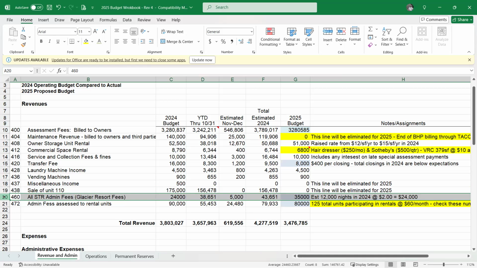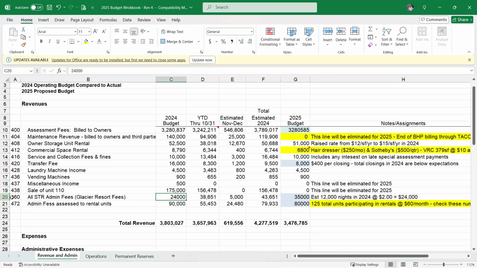And who knows what Glacier does in January? We may get $1.75 next year. I don't know. But regardless, it appears like we budgeted 24,000 for 2024, but we've collected, or we will have collected 43,000 and change.